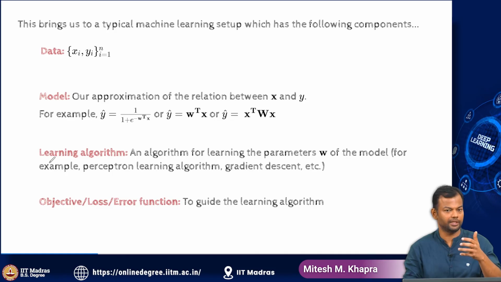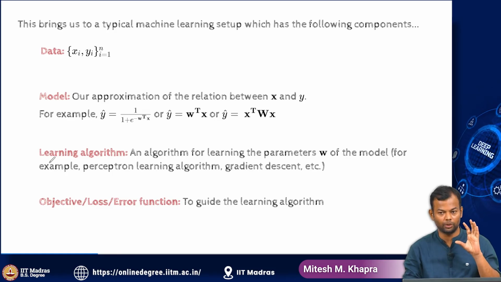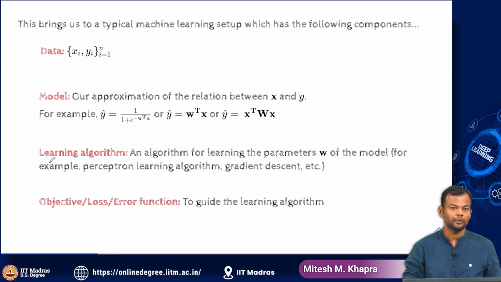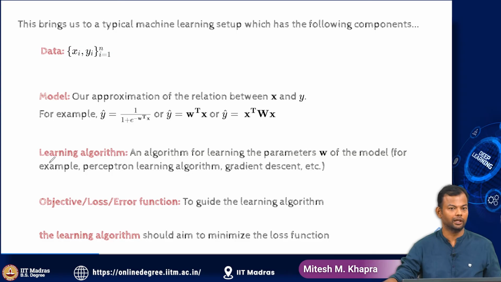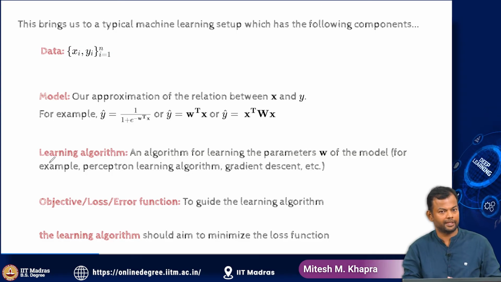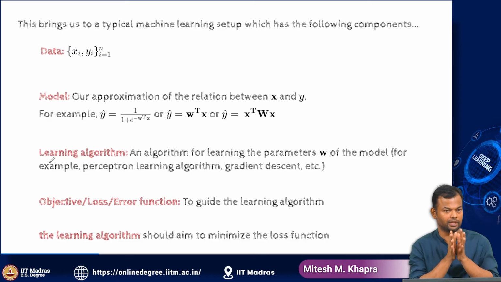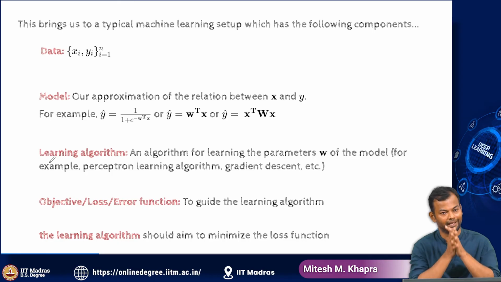How to do that, what is error, all of that we'll see in the subsequent slides, but that is what the goal should be. So the learning algorithm should aim to minimize the loss function. There is more to be said here, but I'll not say those things in this slide. We are going to come back to this slide again in a different form, and then I'll say a bit more.